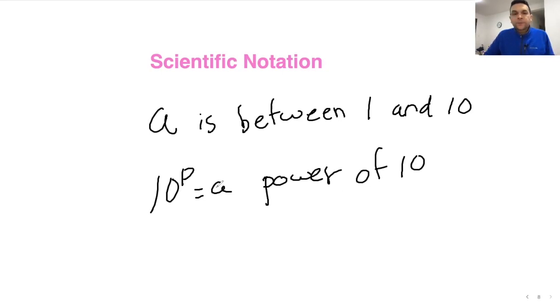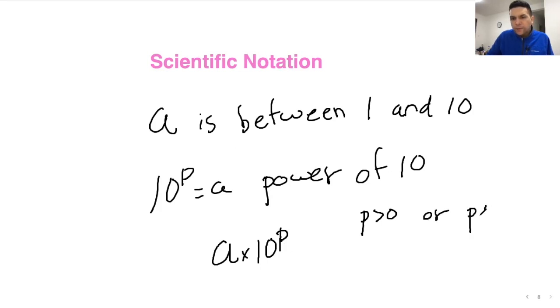Okay? So when you write it, it's going to look like this: A times 10 to the P. And P could be positive or negative.